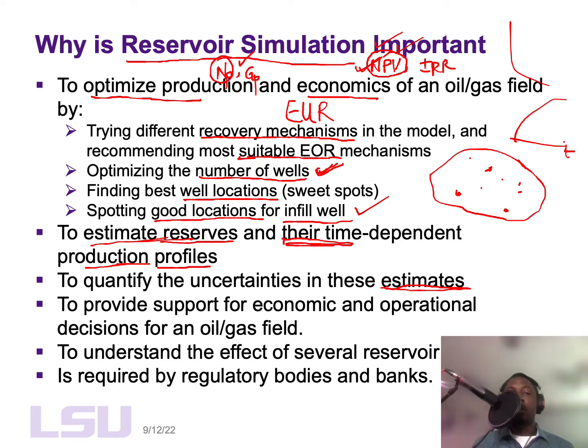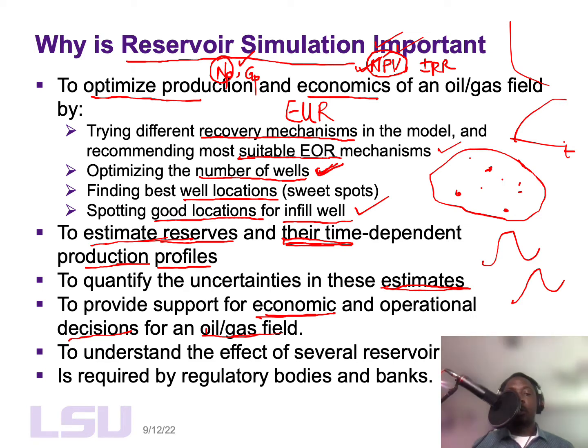Because you can use several input parameters sampled from a distribution, and then you get a distribution of the quantity of interest like cumulative oil production. You can use simulators to provide support for economics and operational decisions for an oil and gas field, like deciding what recovery mechanism should be used to get the most net present value, for instance.